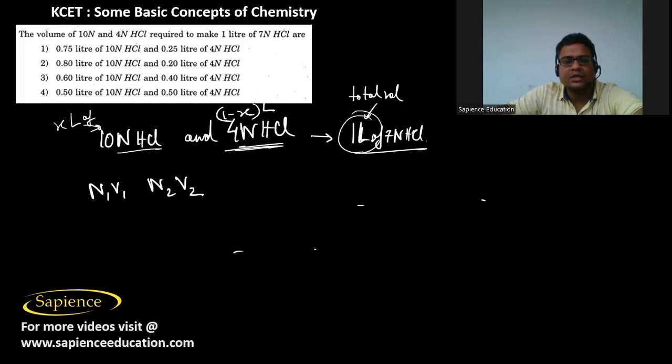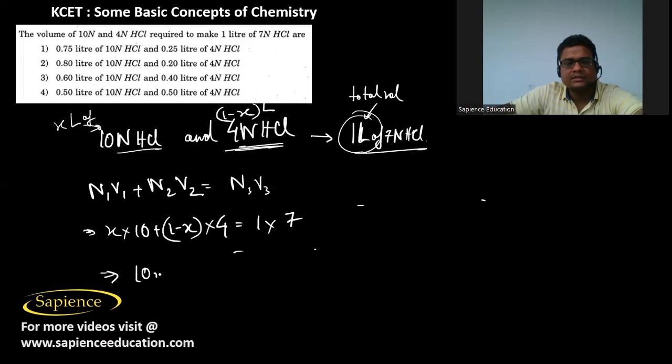Total volume should be 1 liter. So therefore N1 V1 plus N2 V2 should be equal to N3 V3, I can say. So here x into 10 plus 1 minus x into 4 should be equal to 1 into 7.